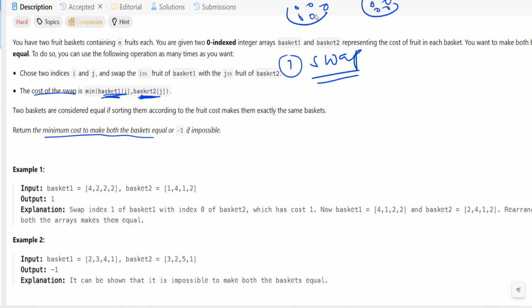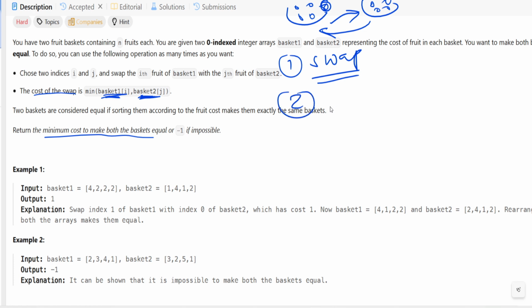So we'll pick one of the fruits from basket 1 and one fruit from basket 2, and then we'll do the exchanging. We will put this one here and this one here. Once this is done, that is called swapping. So this is what the question is saying.